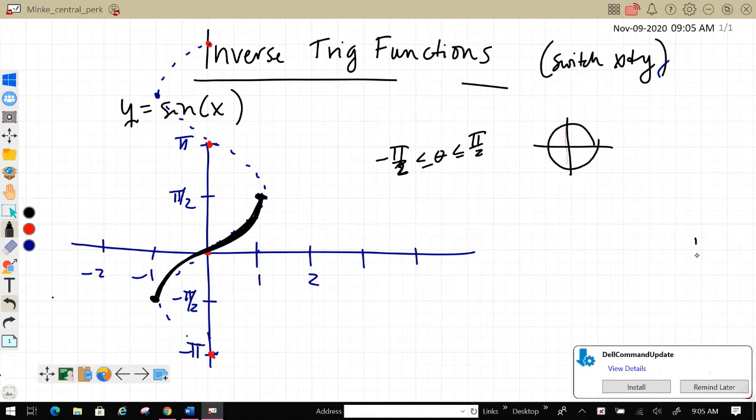Okay, I see your finger up in the air as a 1, and I like that. Yes, definitely quadrant 1, because 0 to pi over 2 would be quadrant 1. What about negative pi over 2 to 0? Where's that located? Very good. That one is like, remember negative angles just mean you go backwards, right? So where's negative pi over 2? Right there. So this also needs to be shaded.